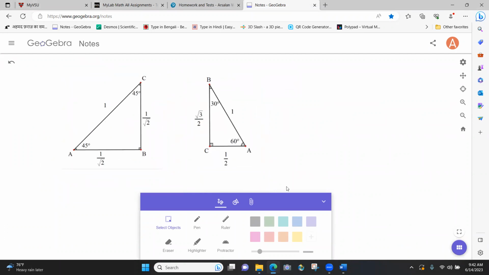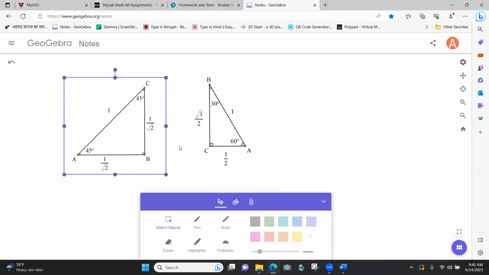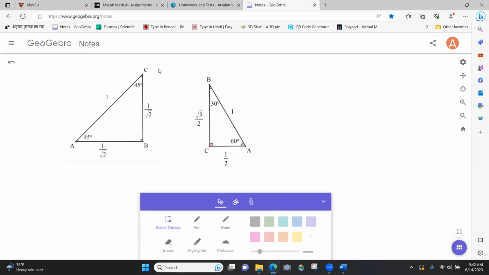So I'm not going to go over the stuff because we have done it. This is 45, this is 45, and this angle is 90 degrees. If you have an isosceles triangle, that means these two sides are the same. This is called the hypotenuse. Hypotenuse is going to be 1, and these two sides will be 1 over square root of 2.